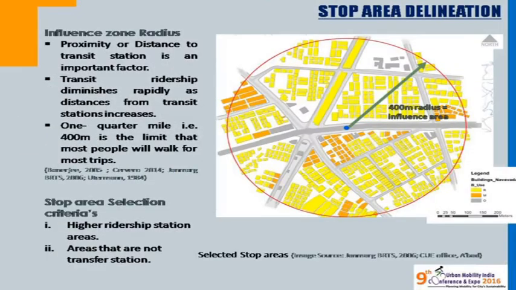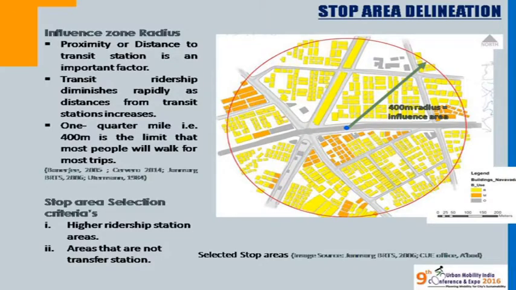For the stop area, an influence zone of 400-meter radius was taken into consideration, as most studies show that if more than a 400-meter radius is present, people do not walk from such far distances towards the BRTS station.